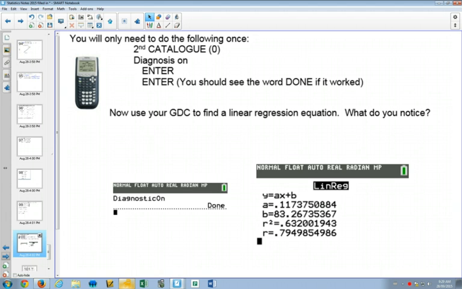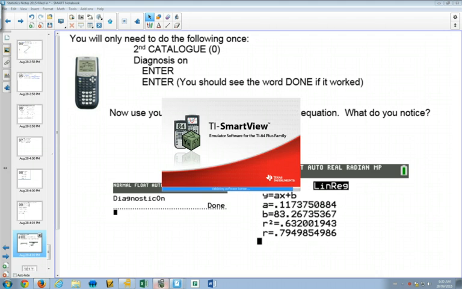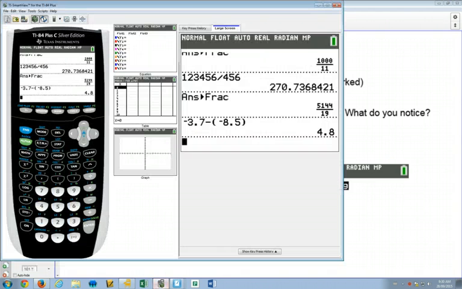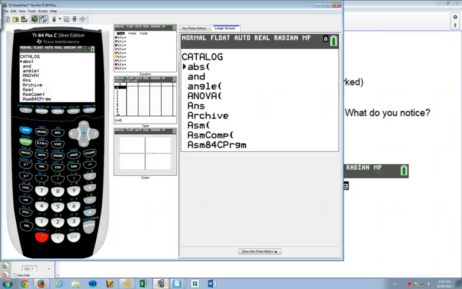Now, the catalog has every single function your calculator can do. You can scroll down forever until you find it, or you can also use your alpha buttons. So here, let me just see if this works. When I go to second catalog, it lists everything.